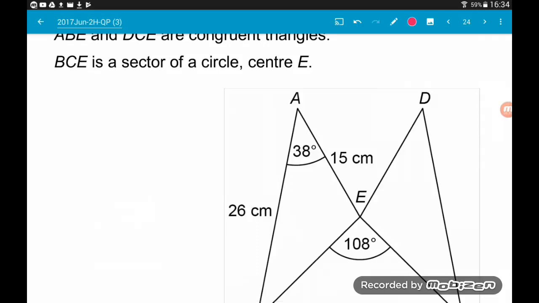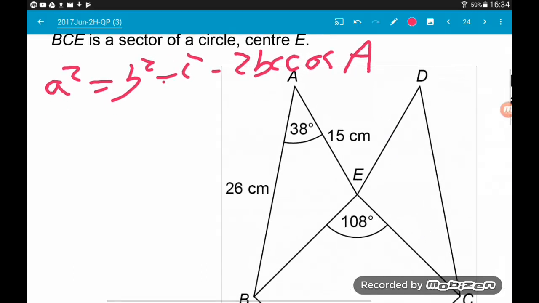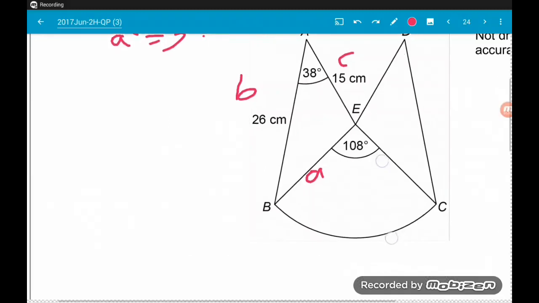So the cosine rule is a squared equals b squared plus c squared minus 2bc cos A. So this time the angle is labelled nicely for us, capital A. So that means this side down here is little a, and then 26 and 15, doesn't matter which one we call B and C.